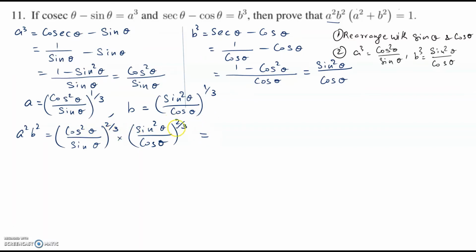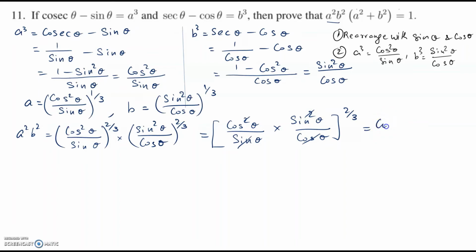Because it's the same power 2 by 3, we can take the power out. So cos squared theta by sin theta, which is our a, into sin squared theta divided by cos theta, to the whole power 2 by 3. Here the cos theta and the square term will disappear, and the sin theta and the square term will disappear. So you will be left with cos to the power 2 by 3 theta into sin to the power 2 by 3 theta.